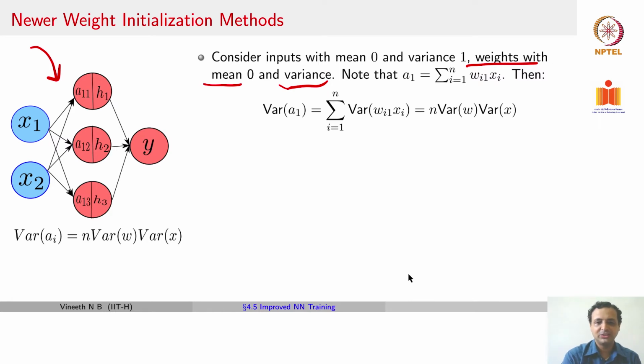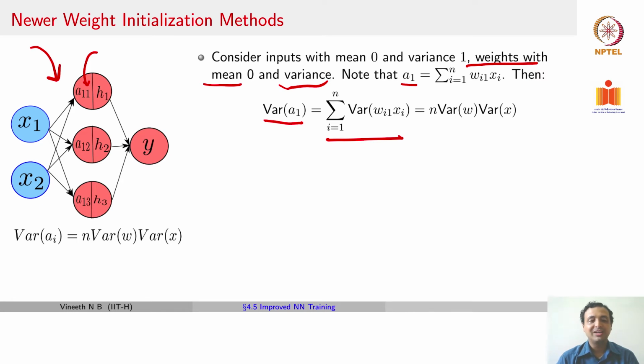Let's now take one of these neurons. Let's call that A1 for simplicity. That's going to be given by summation over i equal to 1 to n, where n is the number of weights coming into that neuron, w_i1 x_i. Then the variance of A1 would be the variance of the summation over i equal to 1 to n of w_i1 x_i.